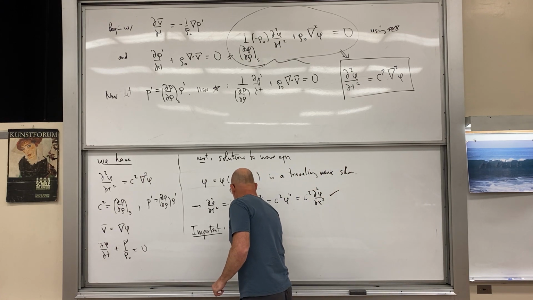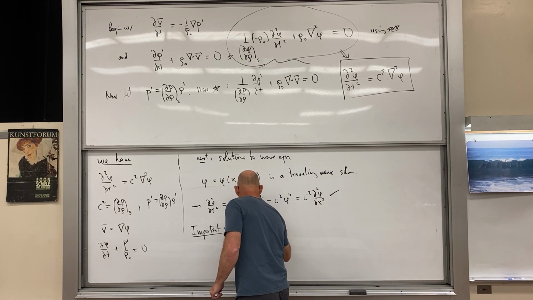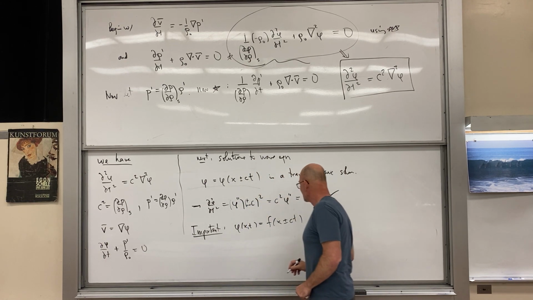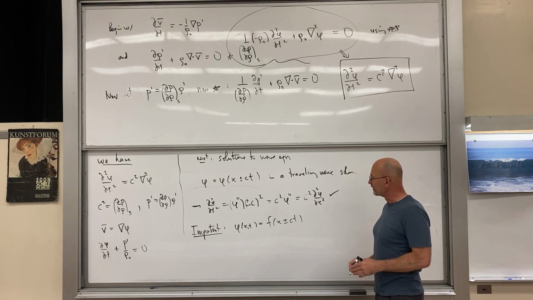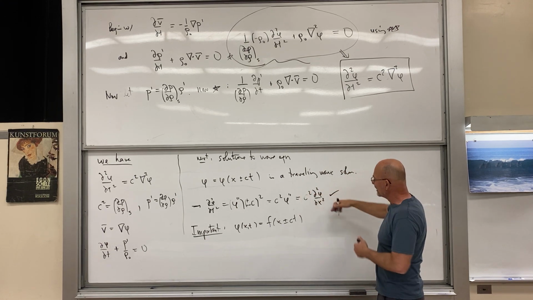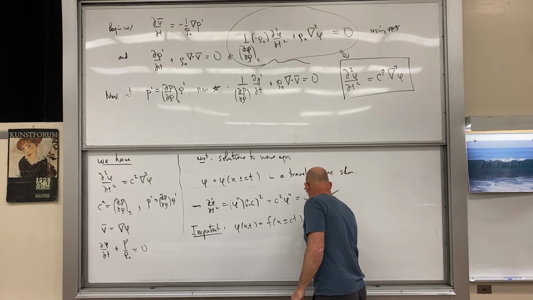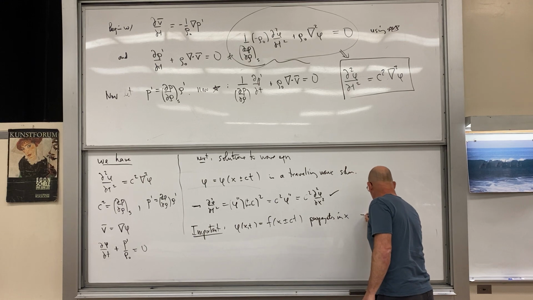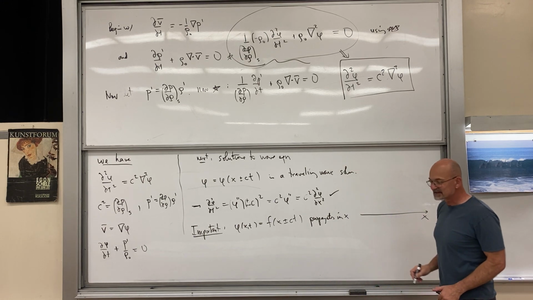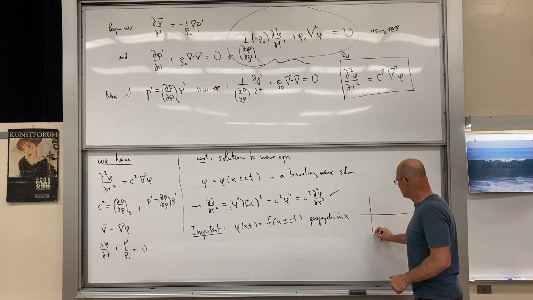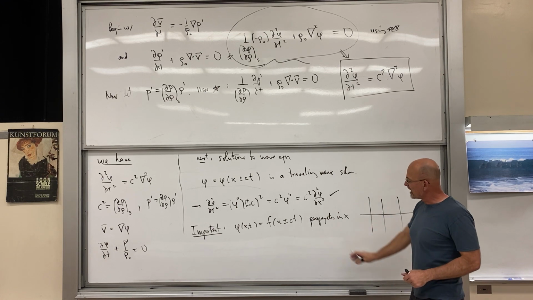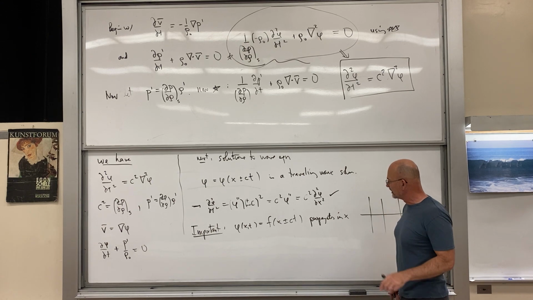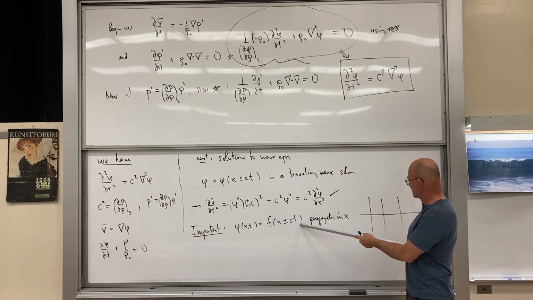So phi of x and t equals f of x plus or minus ct, it's a plane wave propagating in the plus or minus x direction. I'll just write in x, so there's our x-axis. Think of plane waves. And actually we're not quite at the plane wave aspect, it's more of a pulse at this point, or it could be a lot of things.